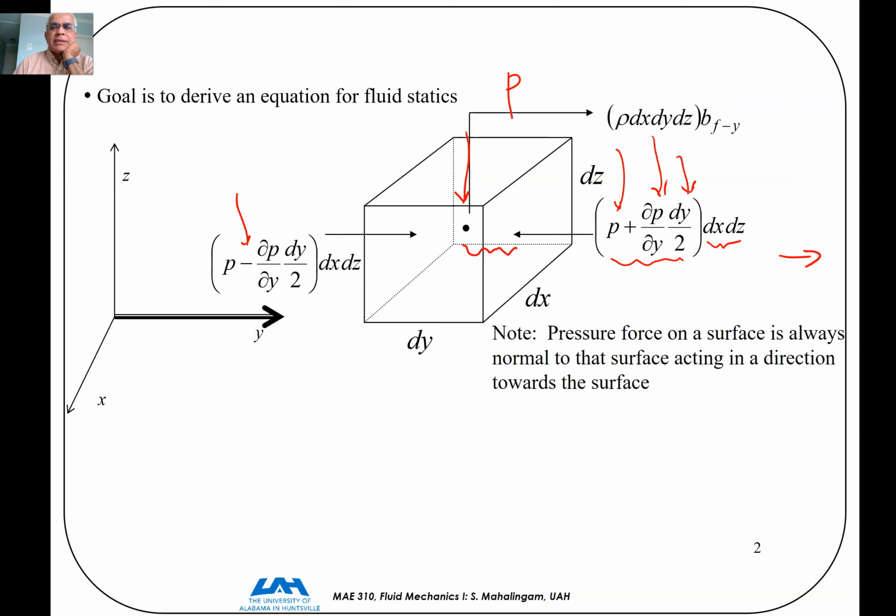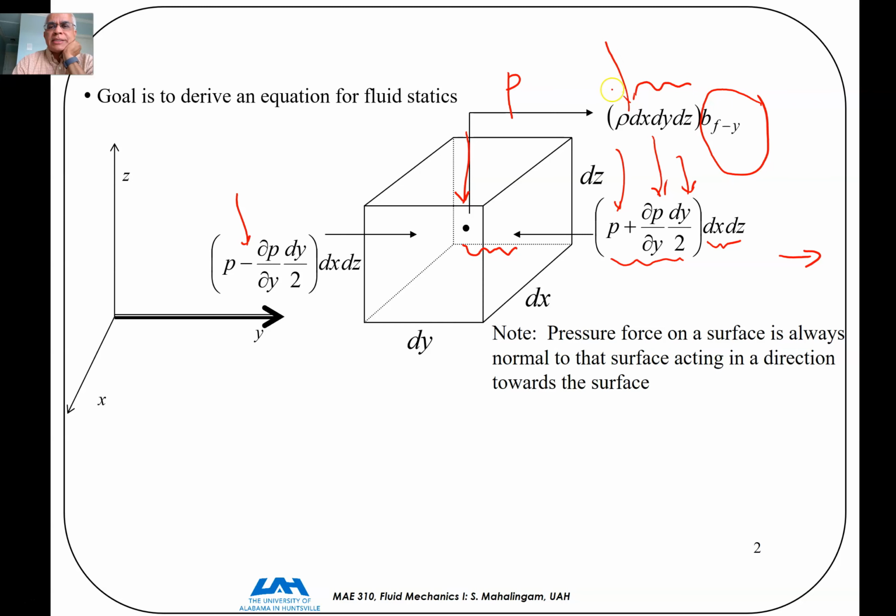In general, I could also have a body force. I could have a body force per unit mass, which I label as Bf sub y. And then I need to multiply by the total mass of this object. And the total mass of this object can be obtained by taking the volume of the object, dx dy dz, volume of the fluid that is, multiplied by the density of the fluid, rho, right?